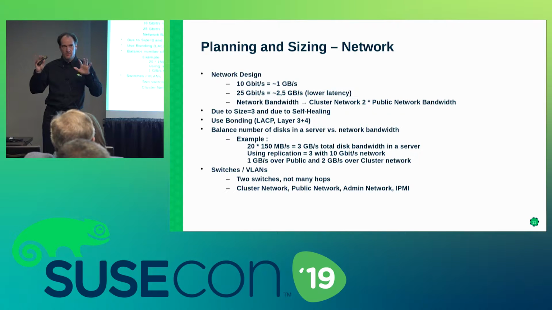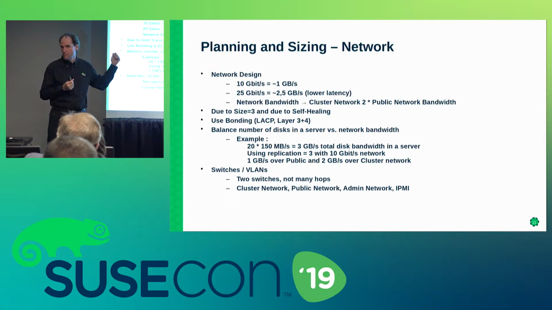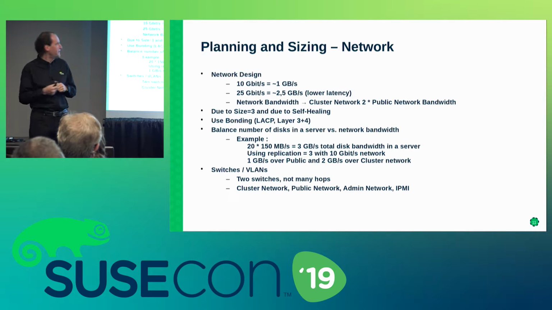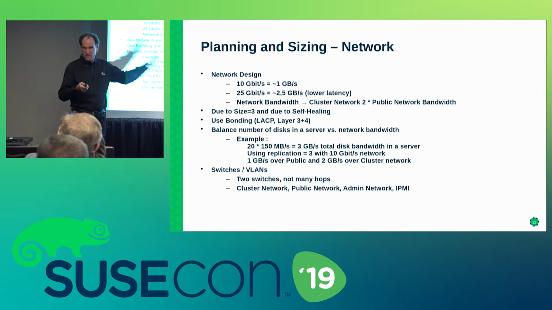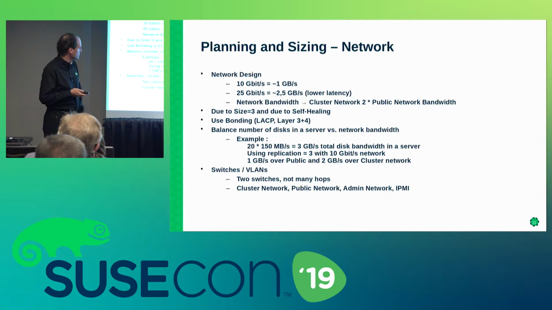The cluster I was showing you in the screenshot used a spine-leaf architecture. I'm not a network guy, but your network guys might know what that is. It just reduces the number of hops, basically. And take care about the other networks that are required for your infrastructure: admin network, IPMI, whatever you need.